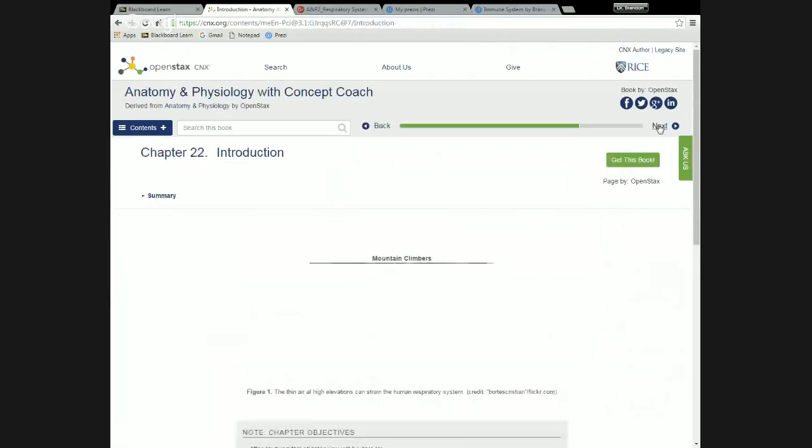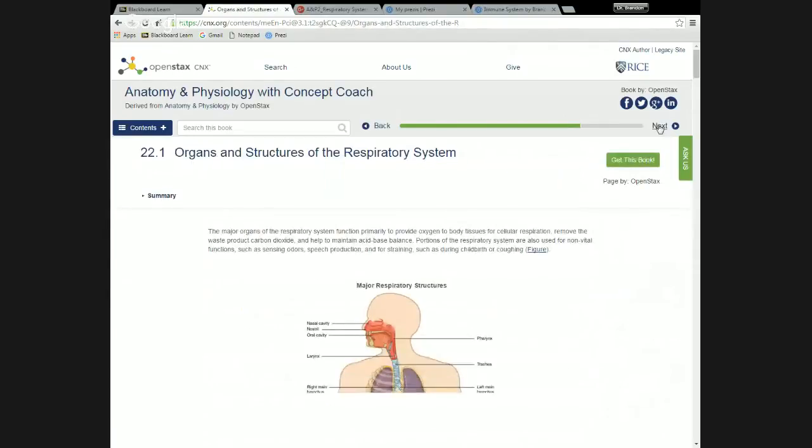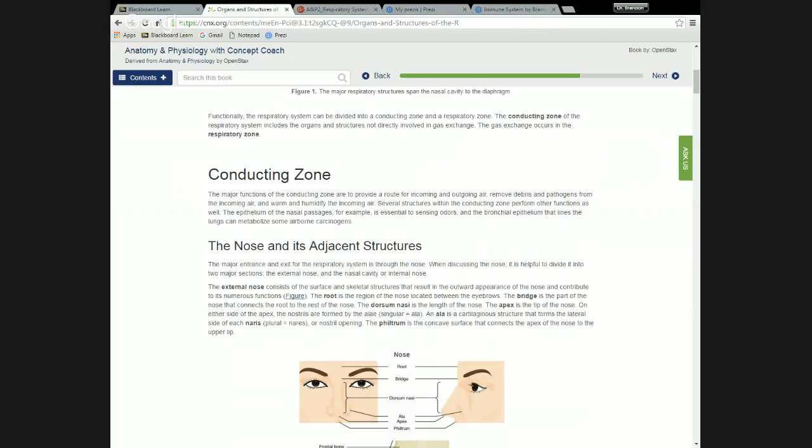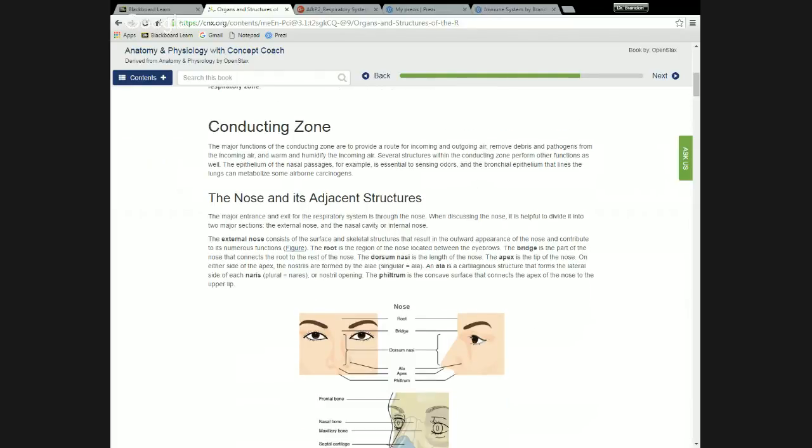Now in lab, we already touched on the respiratory system somewhat, so we're going to go pretty much right to the functions of the system. The first part of this chapter is just talking about the organs and structures of the system. We did that in lab. The book talks about the conducting zone, which I broke up into the upper respiratory tract and lower respiratory tract.